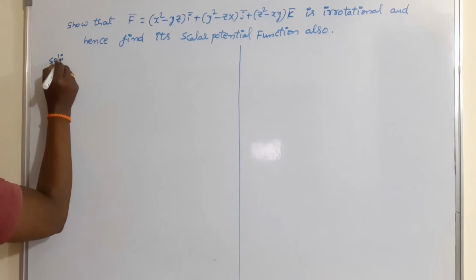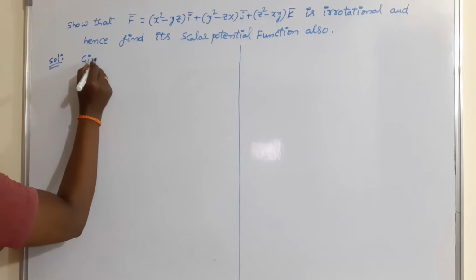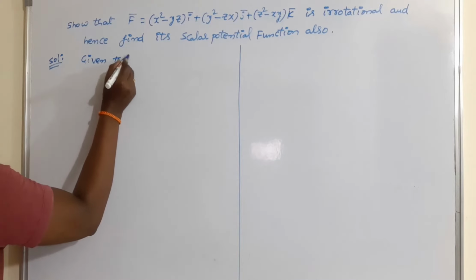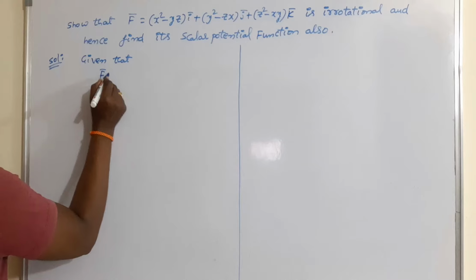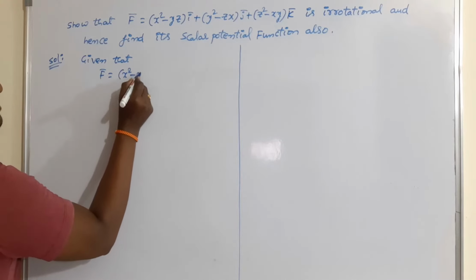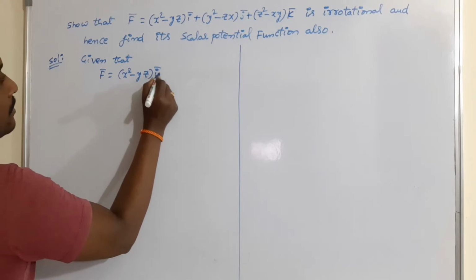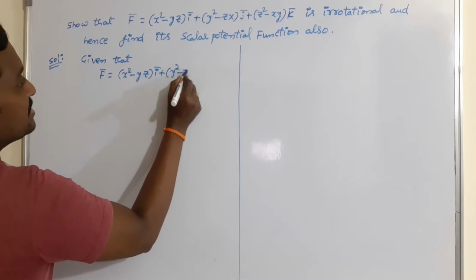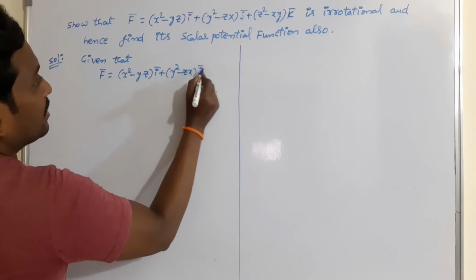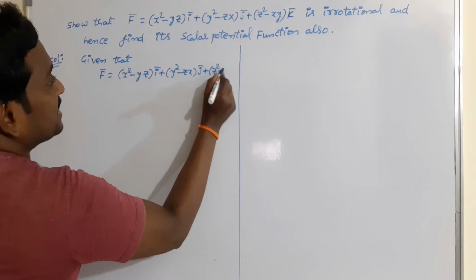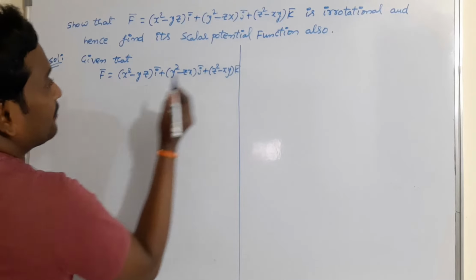First of all, write the given function. Given that f bar is equal to x square minus yz whole into i bar plus y square minus zx into j bar plus z square minus xy into k bar.